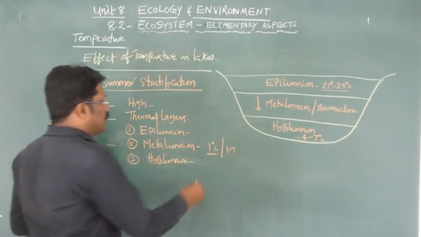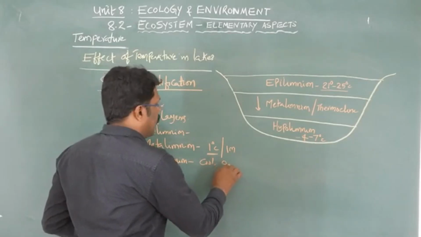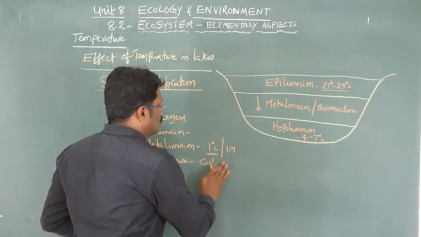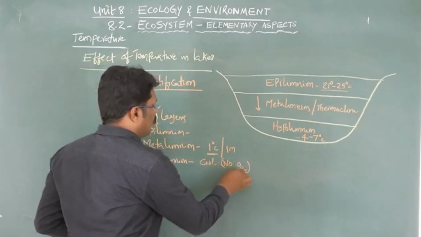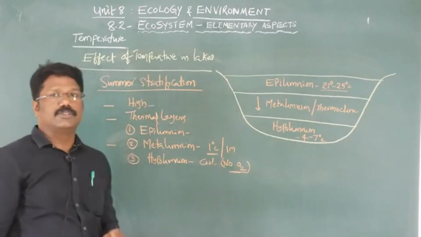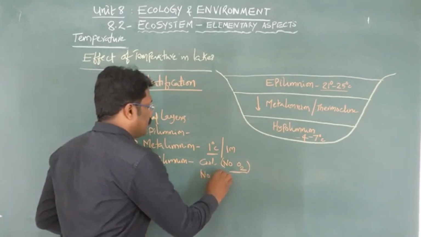And the hypolimnion is relatively cool, and it has no oxygen. This is very important. No oxygen will be available in this region because there is no photosynthesis.